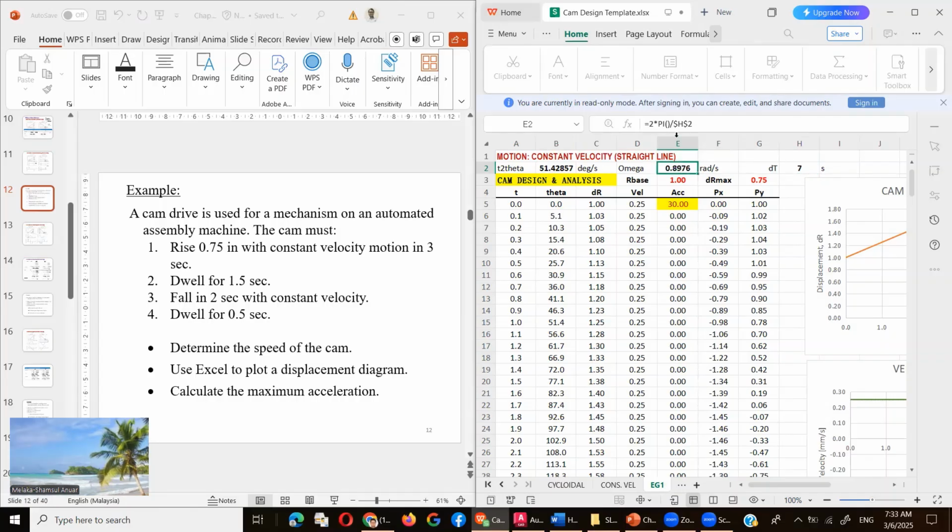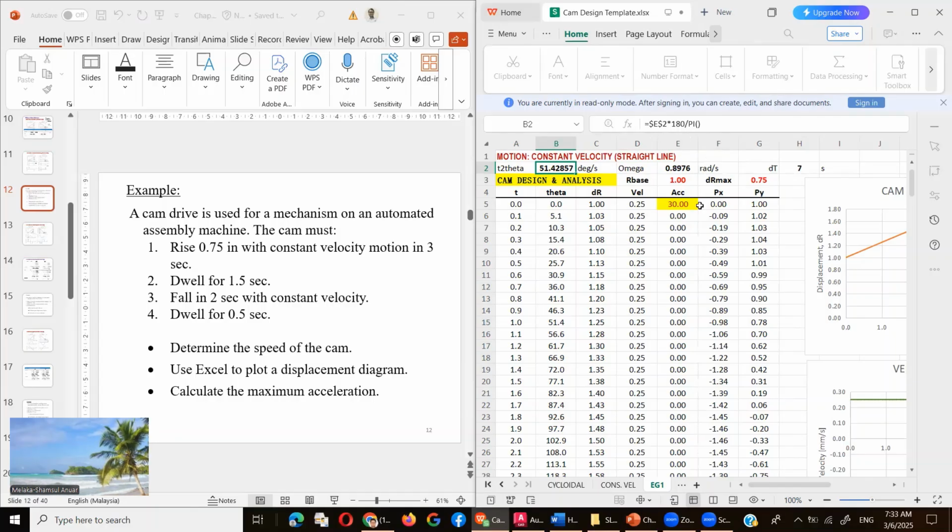that relates to here, omega will be 2 pi divided by the time, so it'll be in radians per second. And then you can relate that to this theta, time to theta.